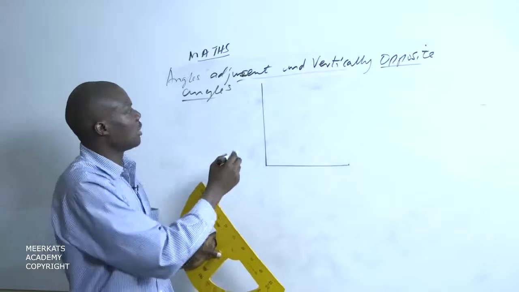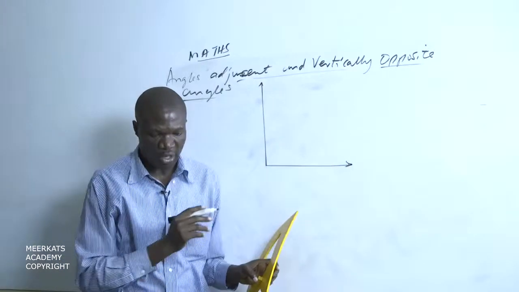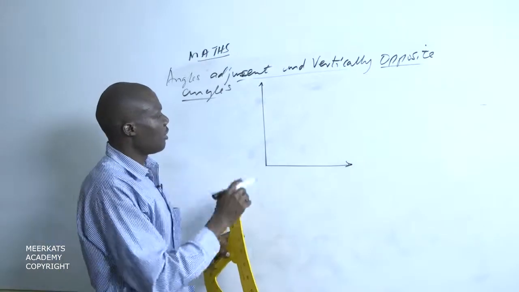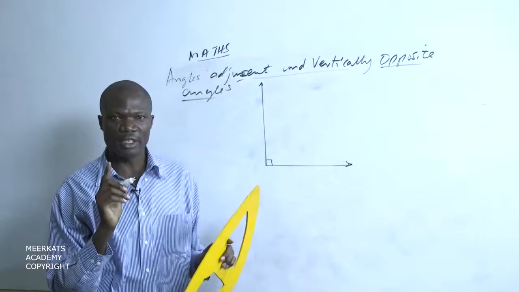Now, estimating that the angle between the arms here is 90 degrees, that is, this is a right angle, which means it's 90 degrees.